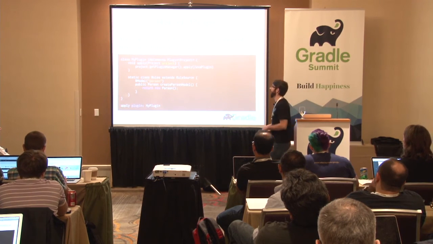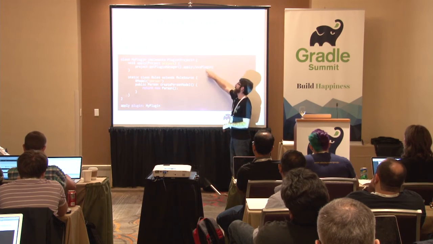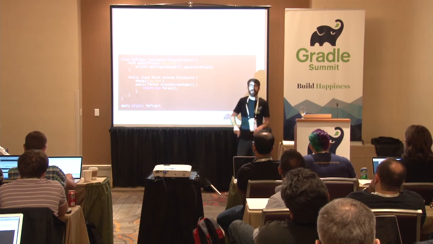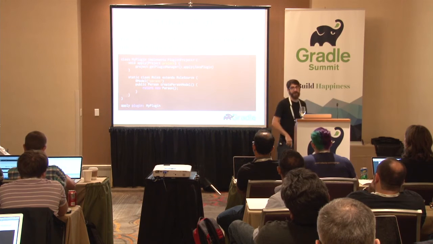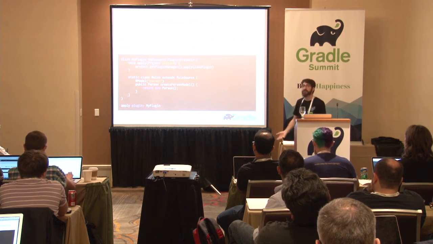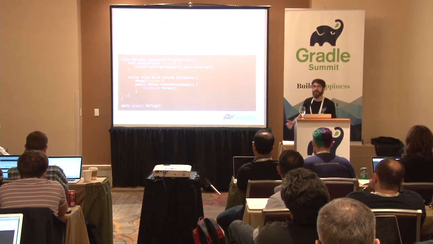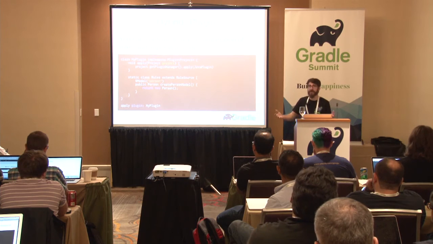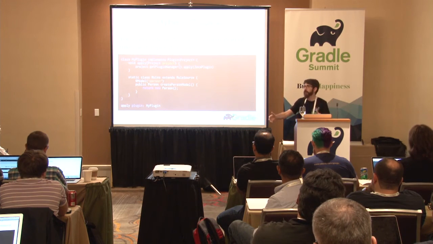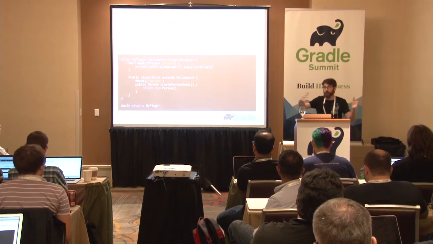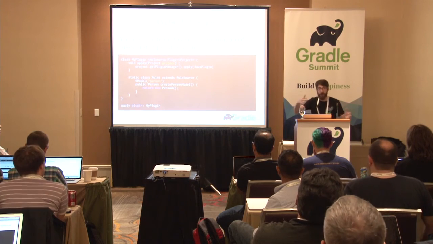So now the question is, okay, I have a rule source plugin, I'm applying another rule source plugin, when are those evaluated? And basically the answer is it doesn't matter, right? By the nature of rules, it doesn't matter when they're created. Gradle's going to go and create all the rules, apply all of them, basically construct them all, and then evaluate them in whatever order is necessary to create the dependency graph, right?